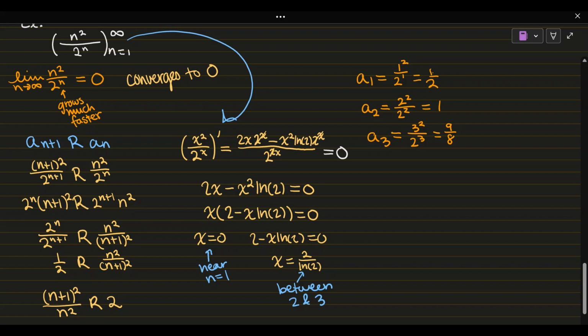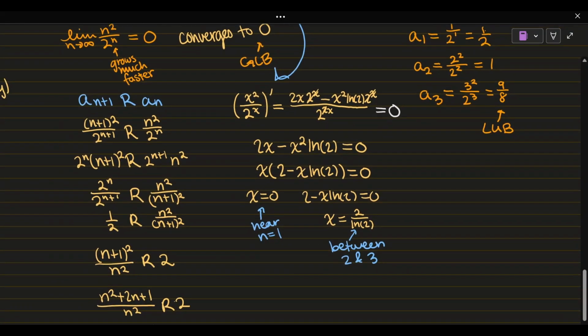Okay, so clearly 9 over 8 is larger than 1, so this is going to be my least upper bound, because it's the value that the function actually takes. And then my greatest lower bound, my candidate was a1, but really 0, because it eventually gets arbitrarily close to 0. So 0 is my greatest lower bound.